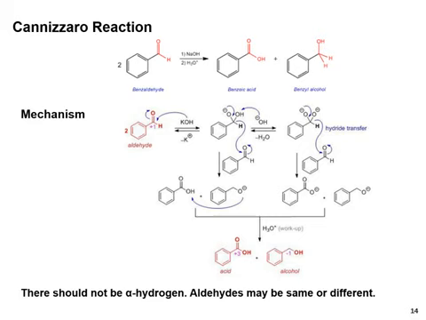Both are worked up in the presence of acid, and give alcohol and acid. The condition of this reaction is that there should not be alpha hydrogen. If there is alpha hydrogen present in the molecule, then aldol condensation will occur instead.